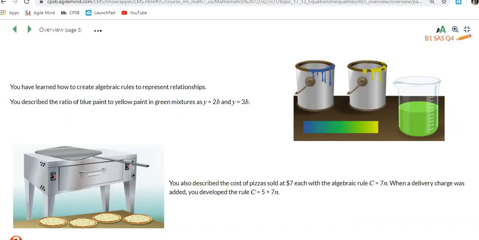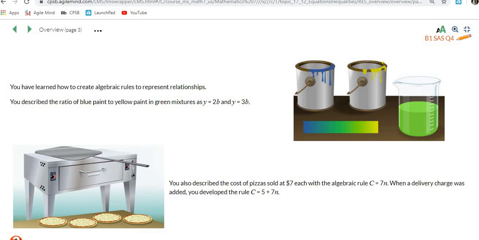Moving to number 4. Number 4 says something about what equations you have used in the past. At the beginning of the year, we looked at mixing paint, and we got tired of mixing green paint for a long time.